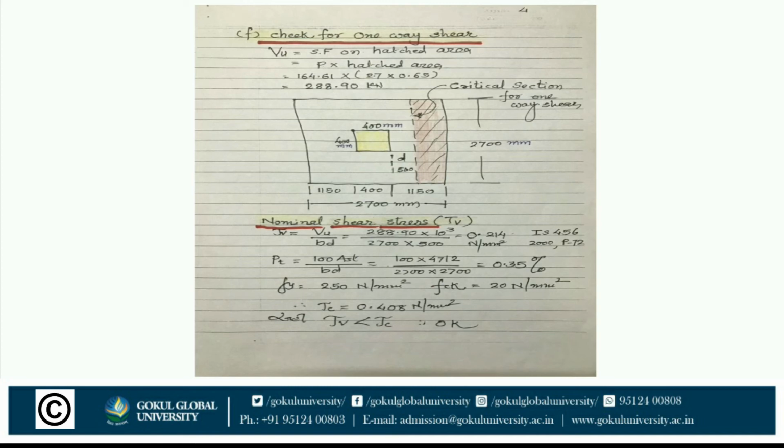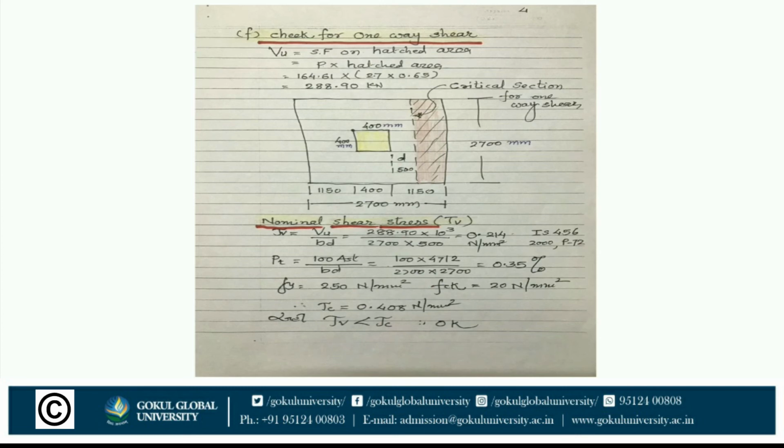Using IS 456 2000, page number 72. Now Pt will be 100 Ast upon bd. 100 Ast we have taken 4712 upon b into d, 2700 into 500, which will be 0.35 percent.